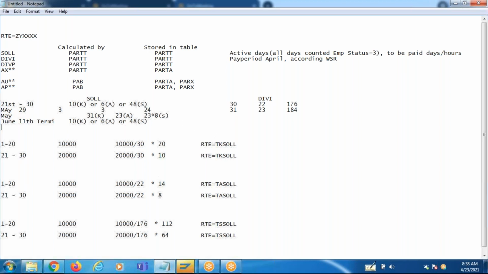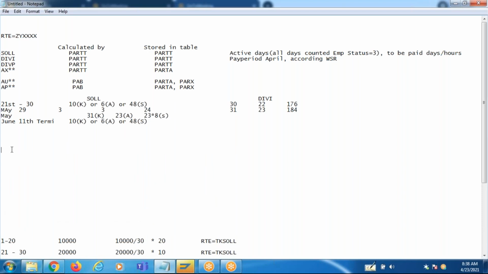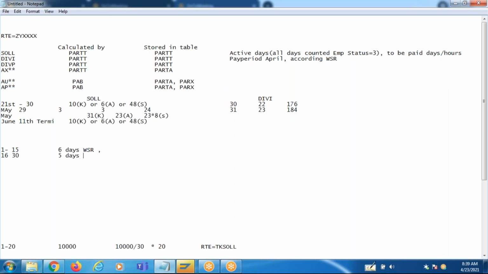For us, take this case. 1 to 20 or 1 to 15: employee is in 6 days WSR. 16 to 30: employee in 5 days WSR. Now tell me the SOLL and DAVA here.